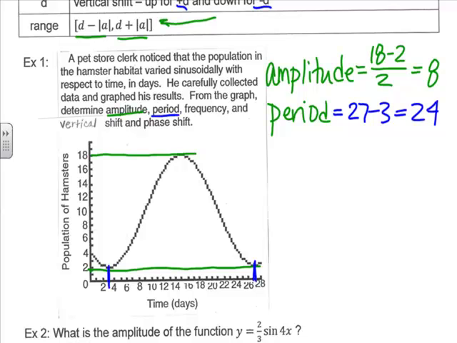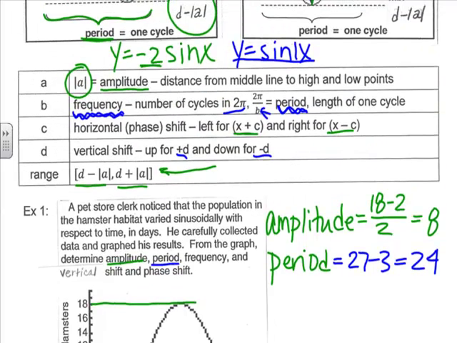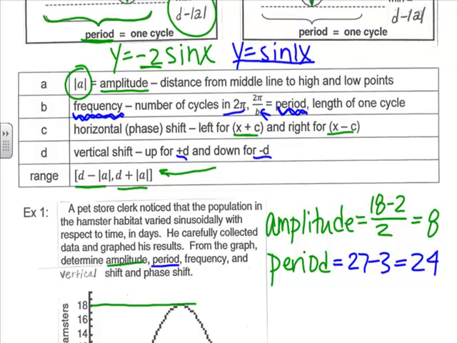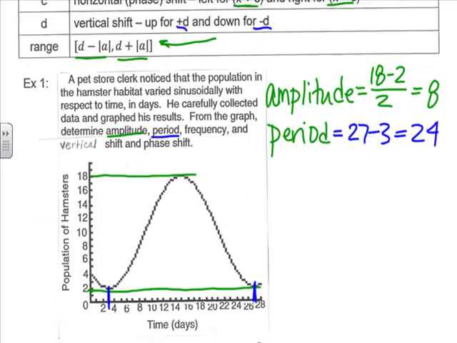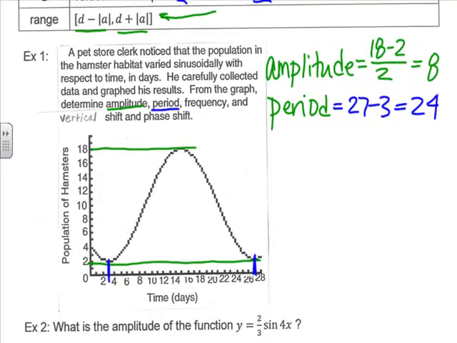Okay, now it's asking us for the frequency. From up above, we have an equation that tells us we take 2 pi divided by b, which is the frequency, and that's the period. So let me write that down. 2 pi divided by b is equal to the period. In this case, I'm trying to find the frequency, so I'm going to make this into a little proportion.